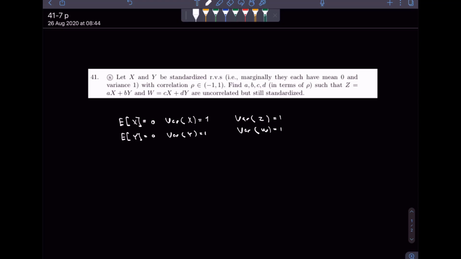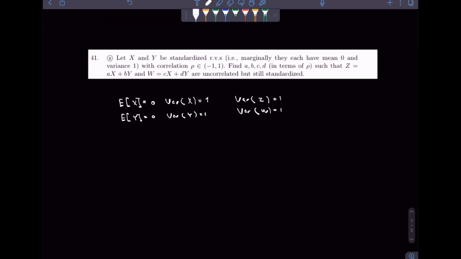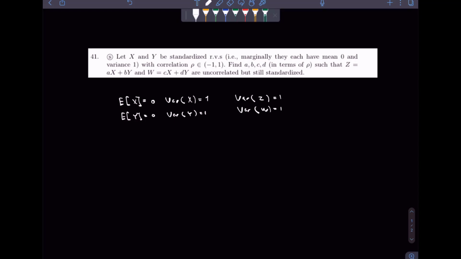Okay, so that is what we know. We also know that the correlation of X and Y is rho, which varies between -1 and 1.